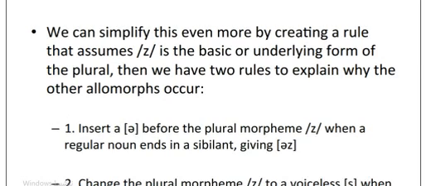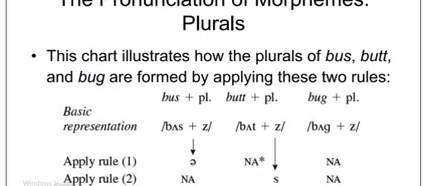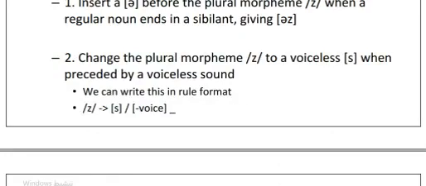So we fix z to see whether the word can be accepted with an ending z, like the last sound of the word is z. Here we need to insert schwa before the plural. Then we change the plural phoneme z to voiceless s. So from z to s, this is how we can define the differences, how to change and insert.